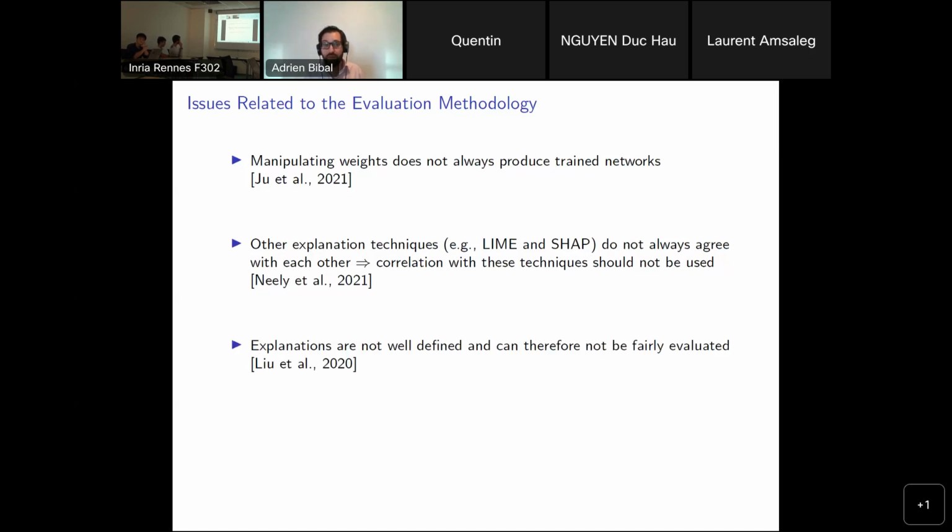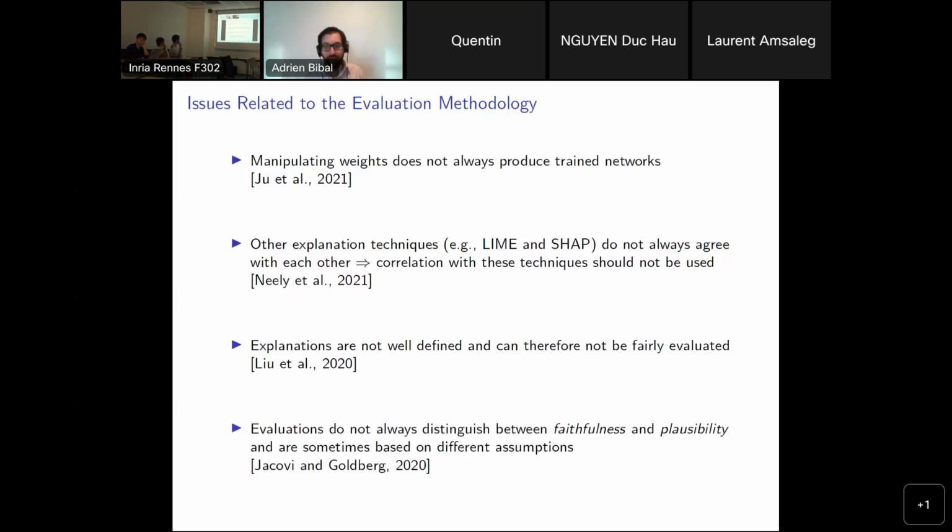Another thing that's really important is that explanation, in fact, is not well defined. So if it's not well defined, can it be fairly evaluated? That's not sure. And on the same line, there is a thing that's not always distinguished in all these papers, which is the distinction between faithfulness and plausibility.